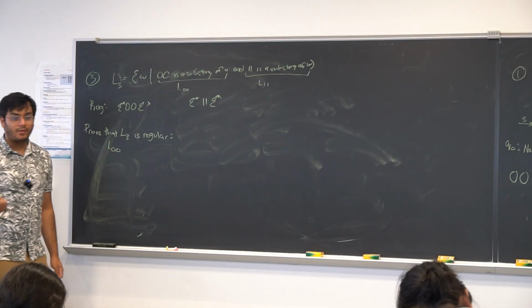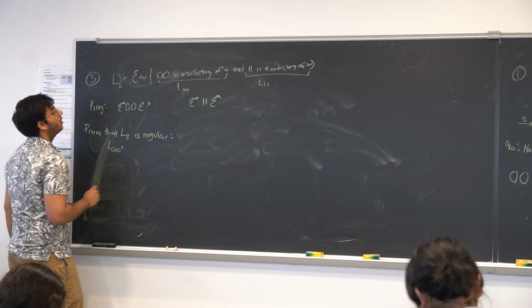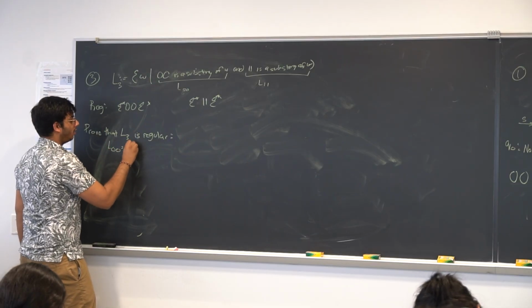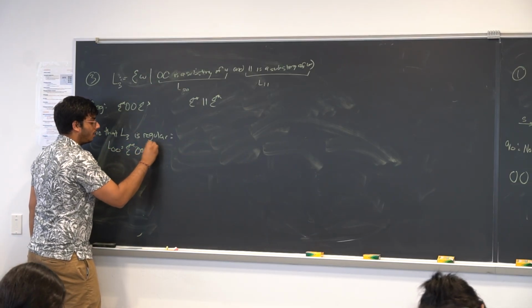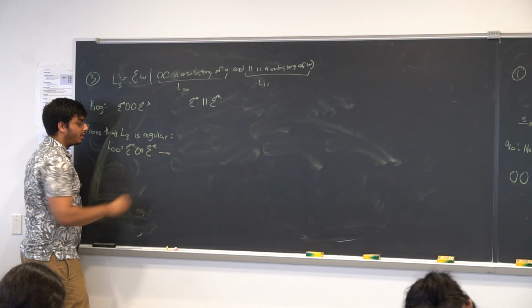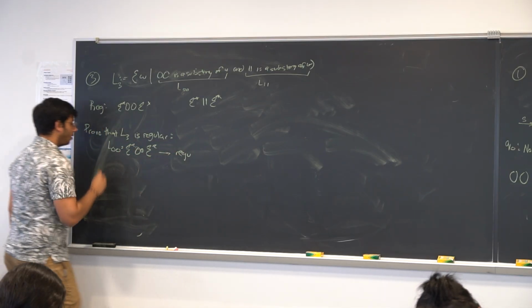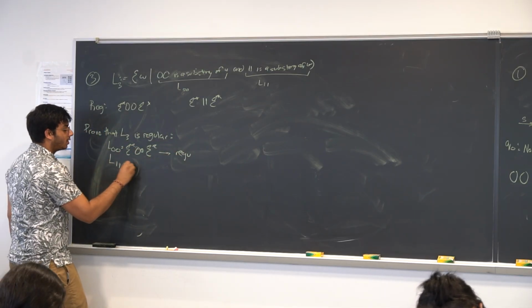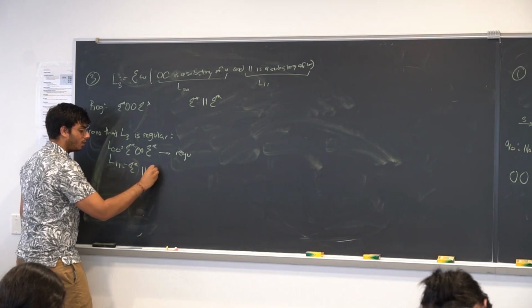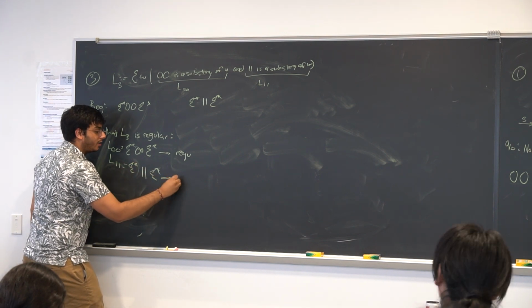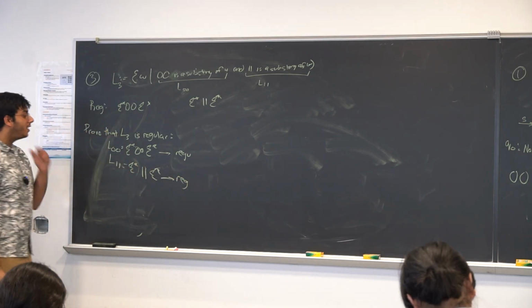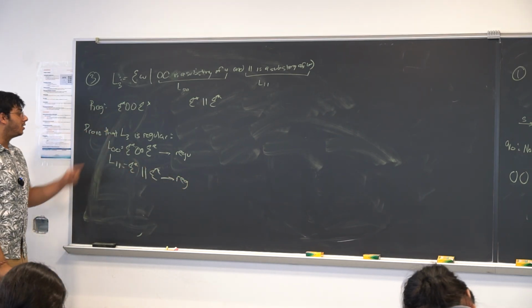Why? Because I can write a regular expression for it. I can say L11 equals, because I can write a regular expression for it, it's regular. Then what property of regular languages can I use to show that L3 is regular?